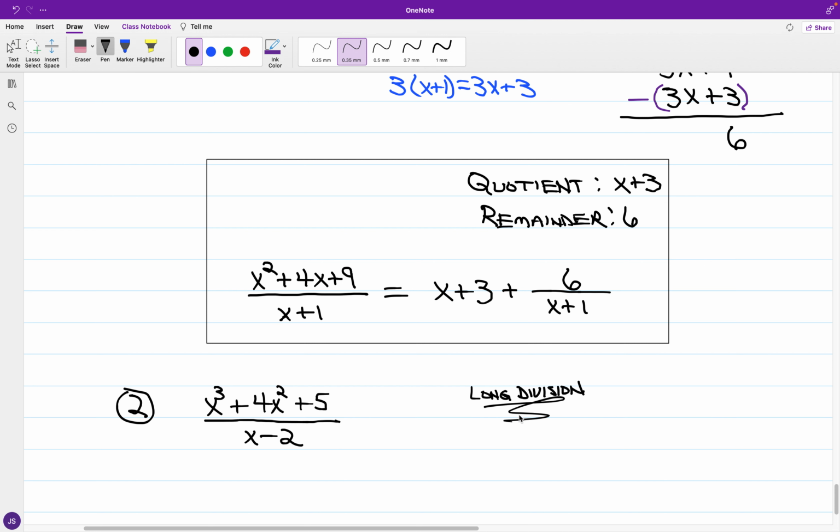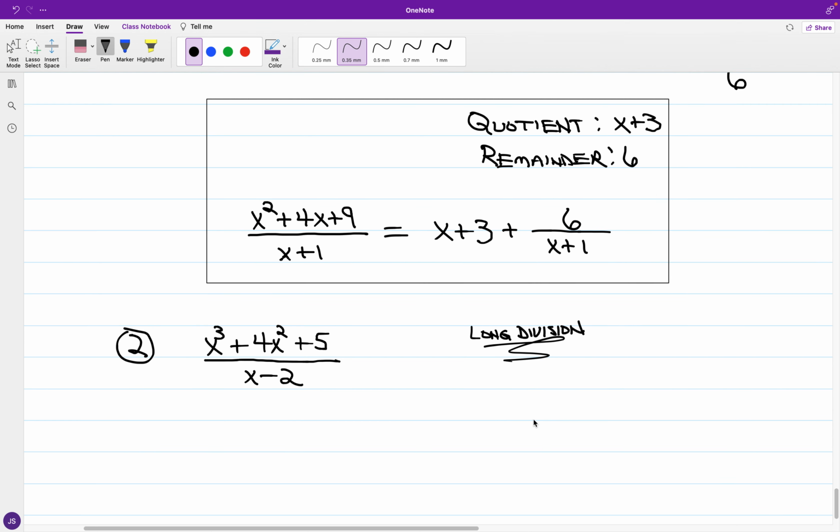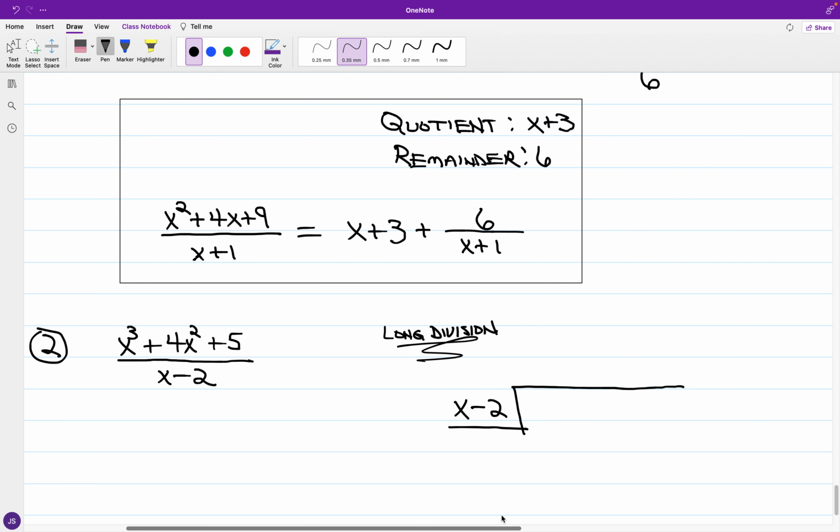Again, if we look at this through long division, so you have x minus 2. What you're taking into, that is the divisor, and what you're taking into is the dividend.